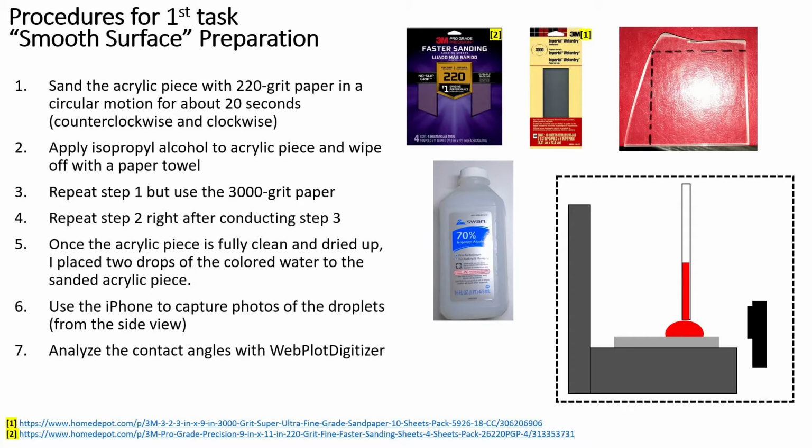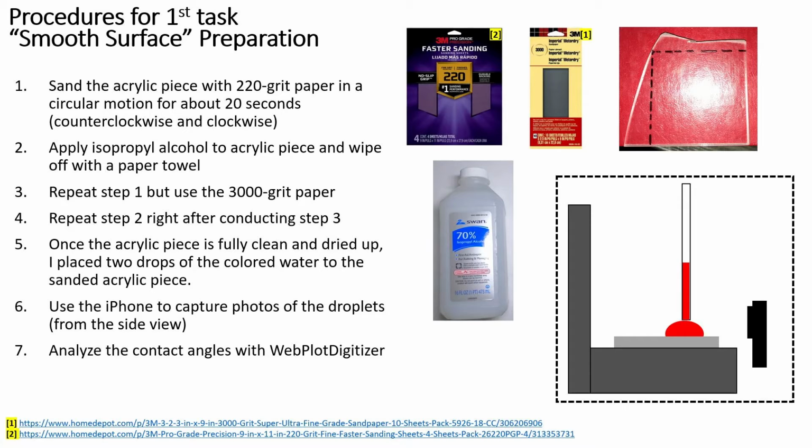After doing step 1, I applied the isopropyl alcohol to the acrylic piece and wiped it off with a paper towel to ensure that all of the unnecessary material was off the sanded piece. Then I repeated the process, like step 1, but instead of the 220 grit, I used the 3000 grit sandpaper.